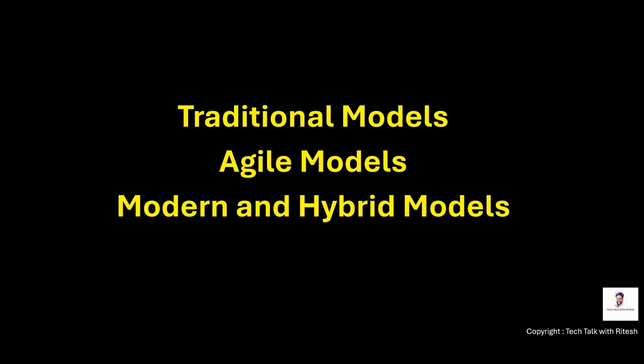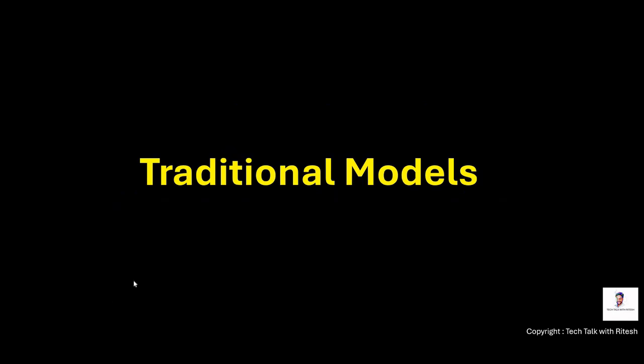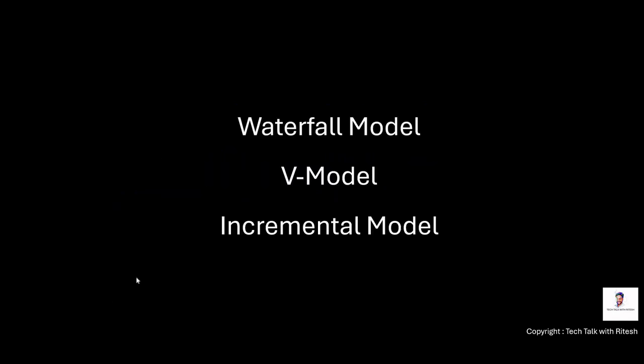And then modern and hybrid models are a combined flavor of traditional as well as agile. Sometimes we use a tailored model, which is a combination of multiple models as per business requirement. First is traditional models, and we are going to cover three models: the waterfall model, V model, and incremental model.